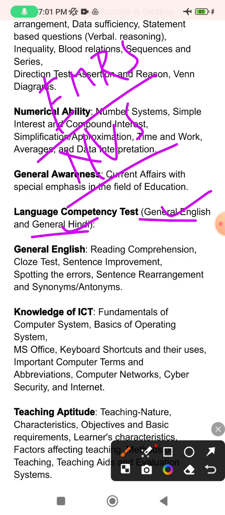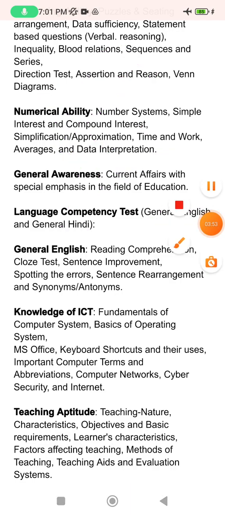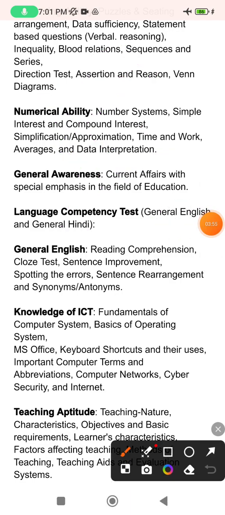And yes, what are the topics that will come under general English? For general English, you have some topics based on vocabulary like antonym, synonym, phrases and clauses also. Then from the grammar point of view, we have voice, narration, parts of speech.